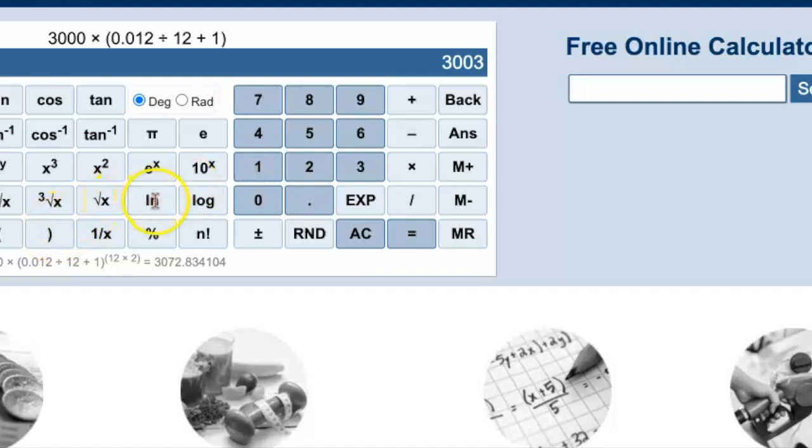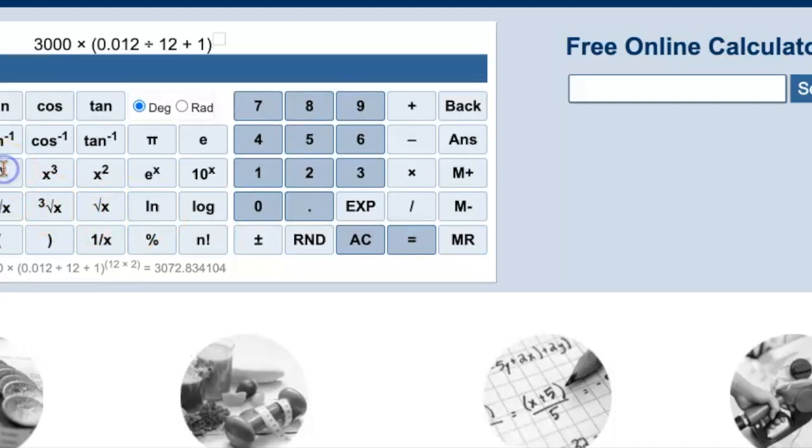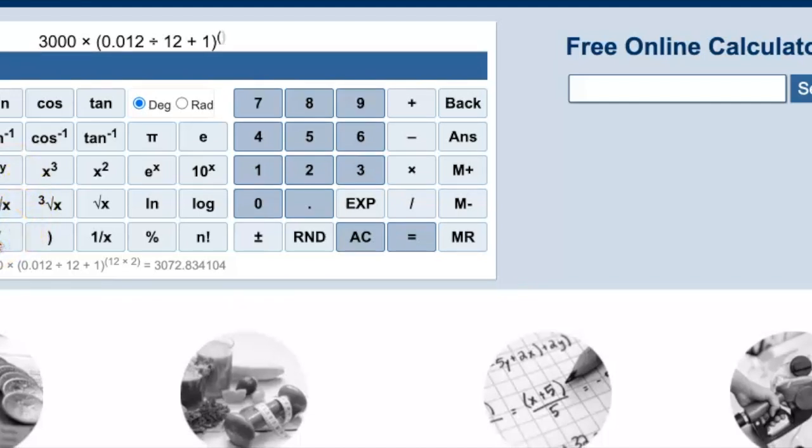Now, you have to know what raising to a power is. In this particular calculator, this is calculator.net. You raise it to the power of, but you have to be really, really careful. As I mentioned before, I'm putting a new set of parentheses in the exponent, 12 times 2, then close parentheses.